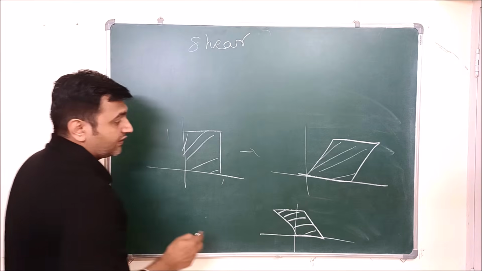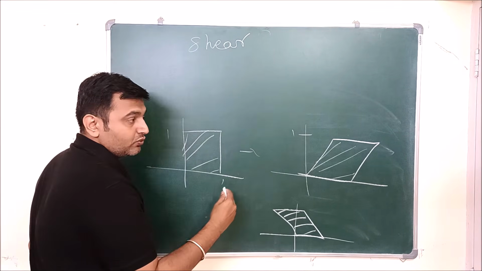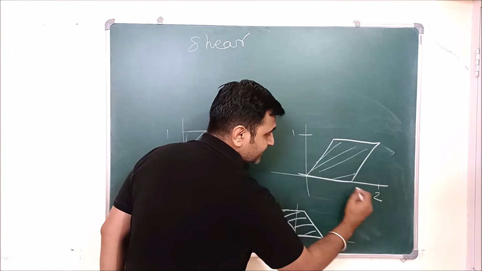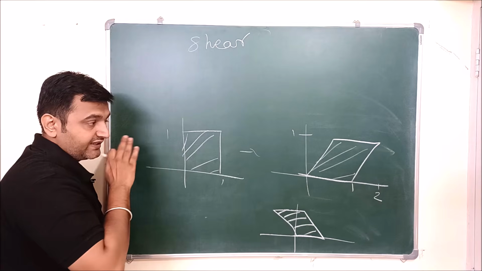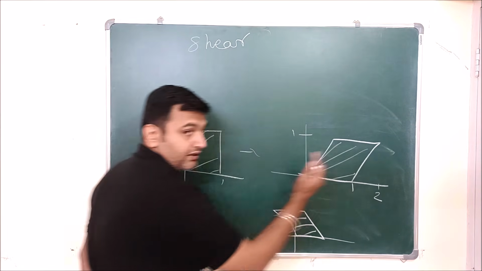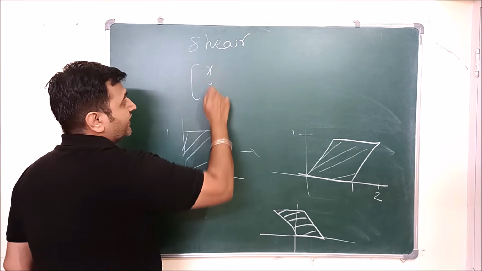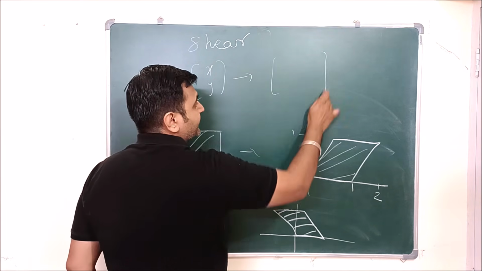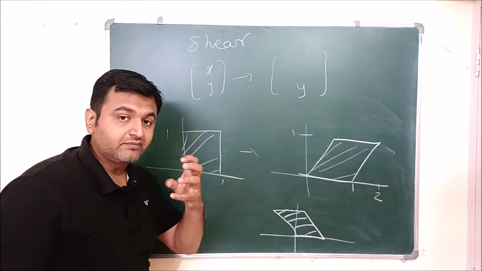Again, you can see my x is getting tilted that side. My height is the same, 0 to 1, 0 to 1. But x is, suppose this is 2, this is 1. So you can see the height is fixed. There is a change along the horizontal part because I am going towards that side. From here you can see that my y component is fixed. x is tilting, so I'm adding something to x.